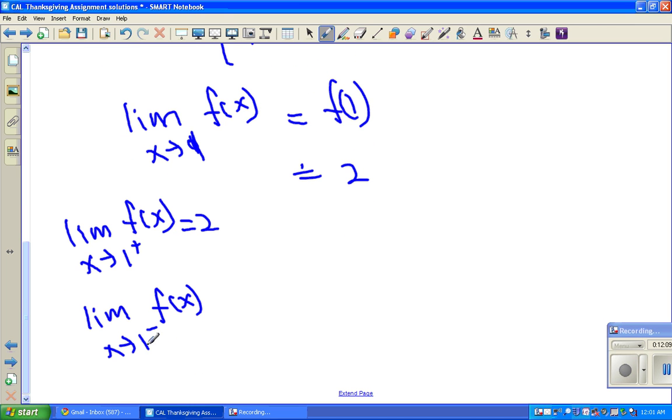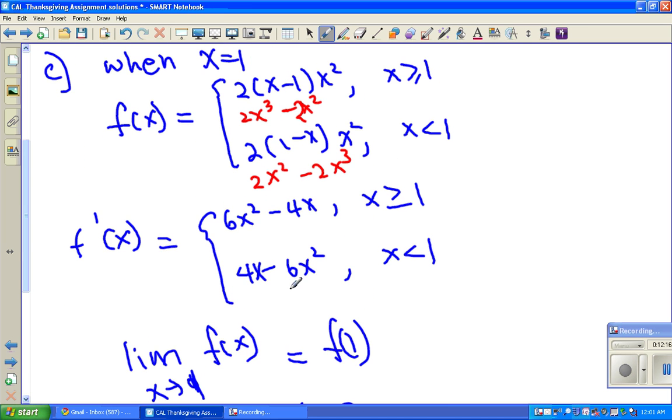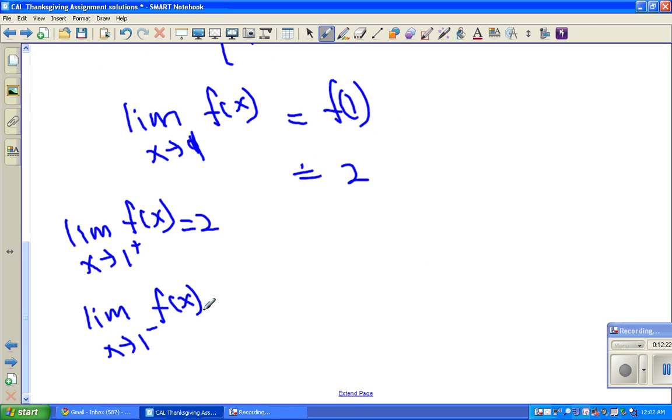But on the other hand, how about approaching 1 from the left side, which will be right here? We realize that the value would have been equal to negative 2. Therefore, this value doesn't exist. That means they cannot be equal.